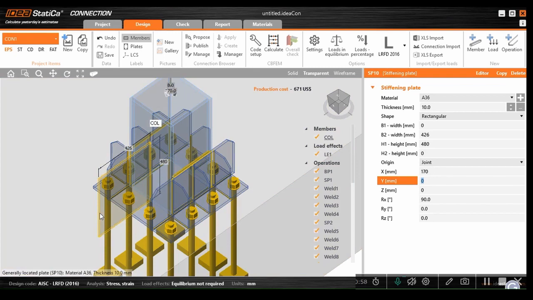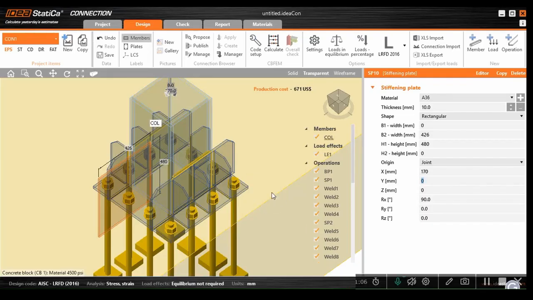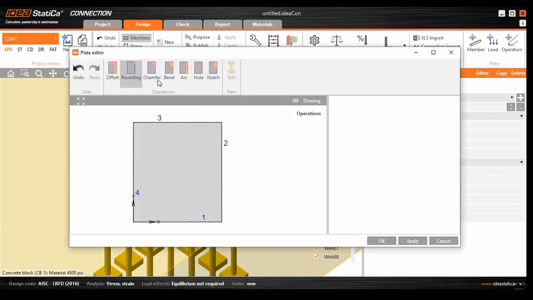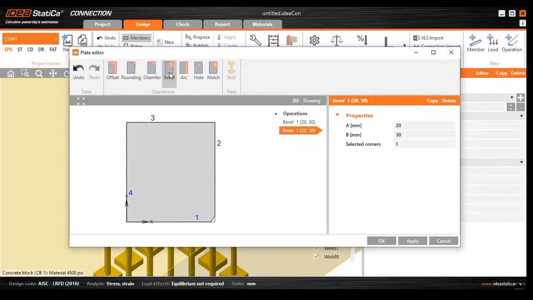We need to create some cuts in the corners to make it look like this one here. So go to the editor, create two bevels by clicking on this icon here.